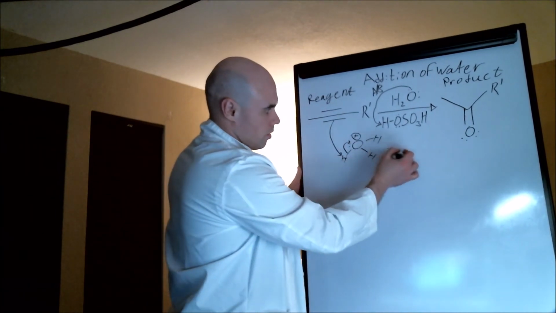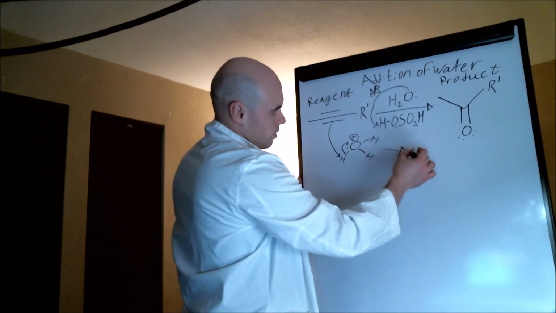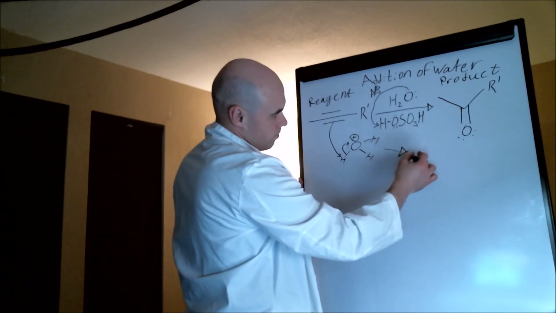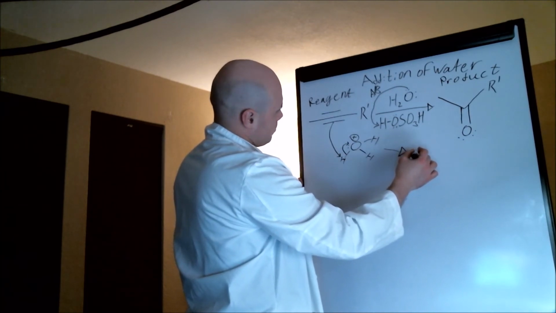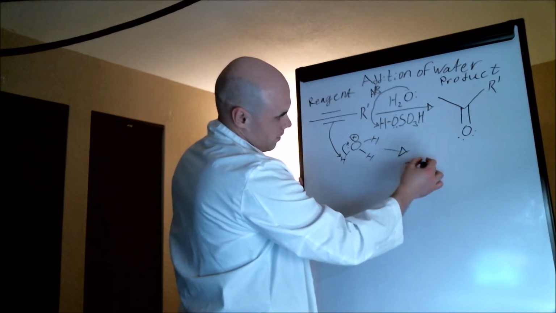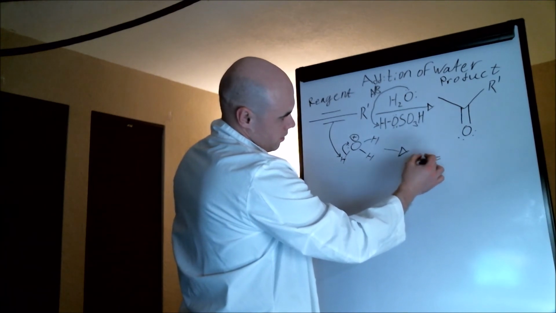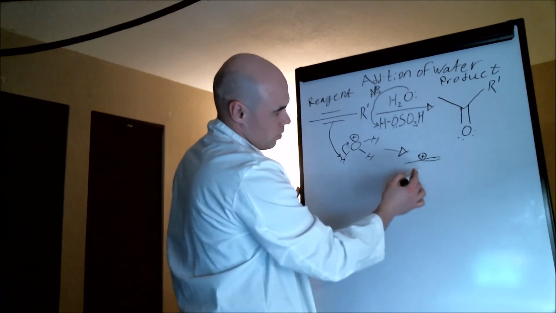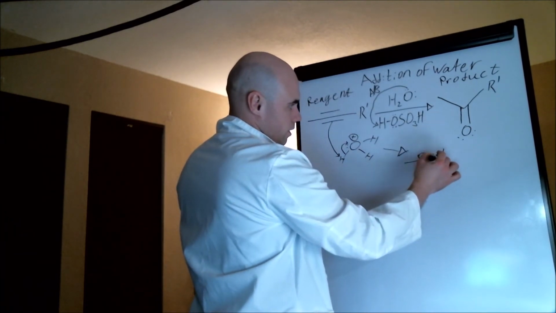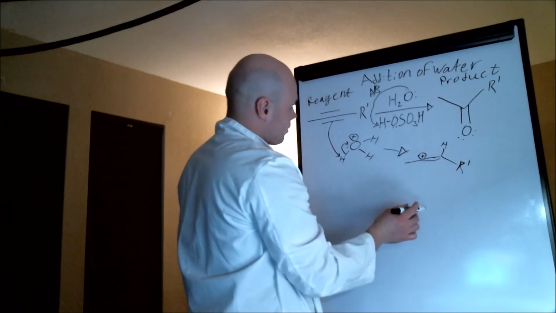So what we're going to get from that is, okay, there we go. Like that. We're going to have a carbocation here, positively charged. This is now sp2 hybridized. And then here we're going to have our hydrogen bonded to our R' group.